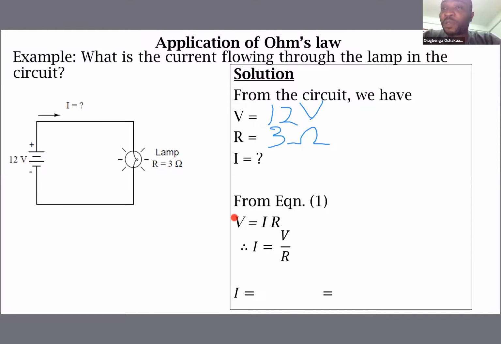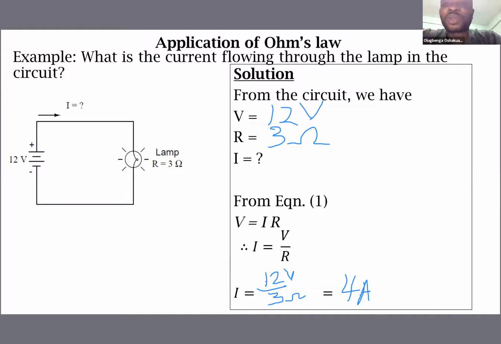From Ohm's law, which says V equals IR, we can have I equal to V over R. Then I will be 12 over 3 ampere, or 12 volts over 3 ohm, and that will give us 4 ampere.